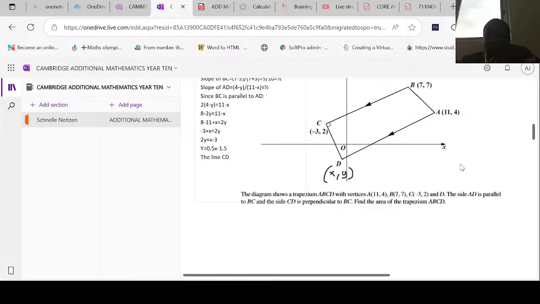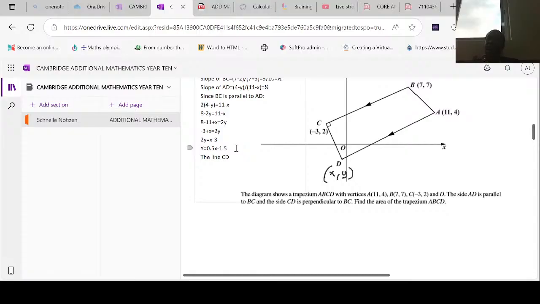Sorry, AD is parallel to BC. So y equals 0.5x minus 1.5 is the equation for line AD, and it's also like the equation for line BC, just that their intercept is different.